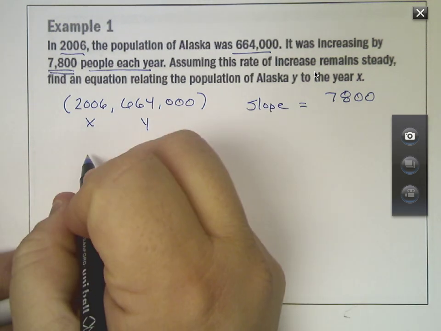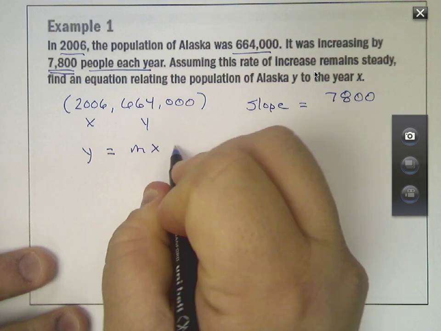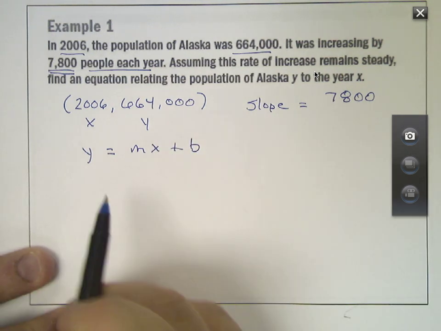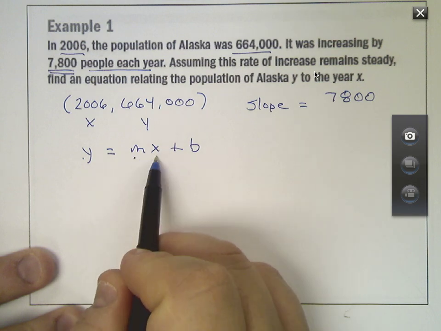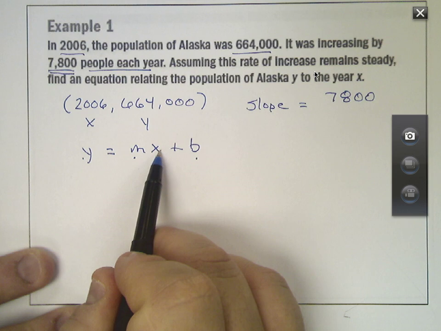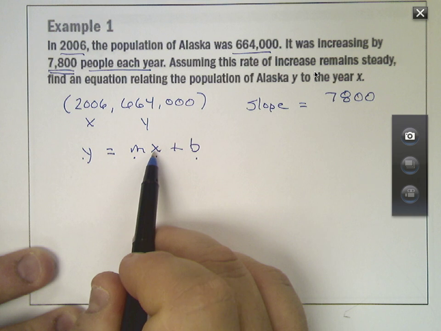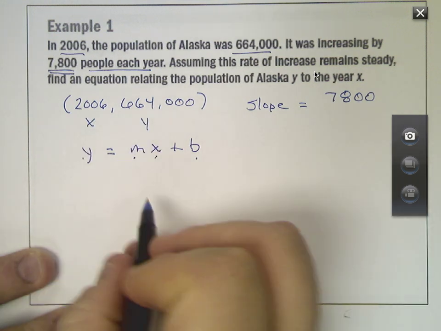So my slope-intercept form says y equals mx plus b. Well, I know a y, I know the slope, and I know an x. I do not know a b. But if I know all these other ones, I can find my b. So I'm going to replace y, m, and x with these numbers right here.